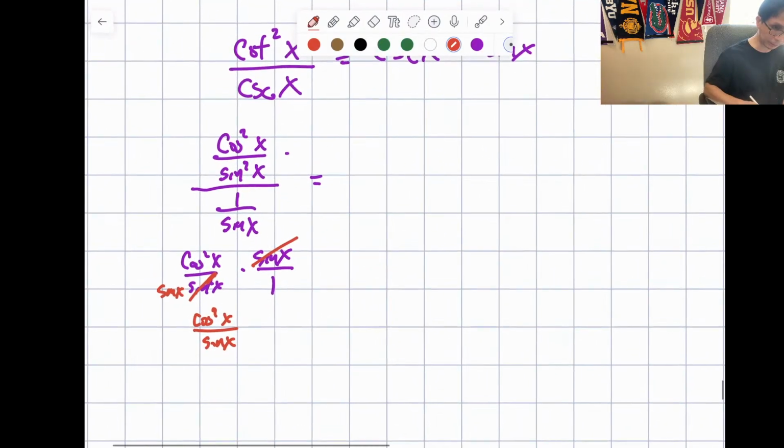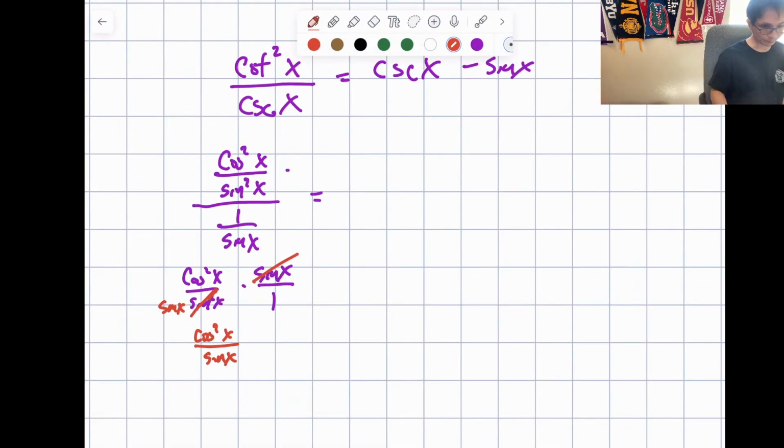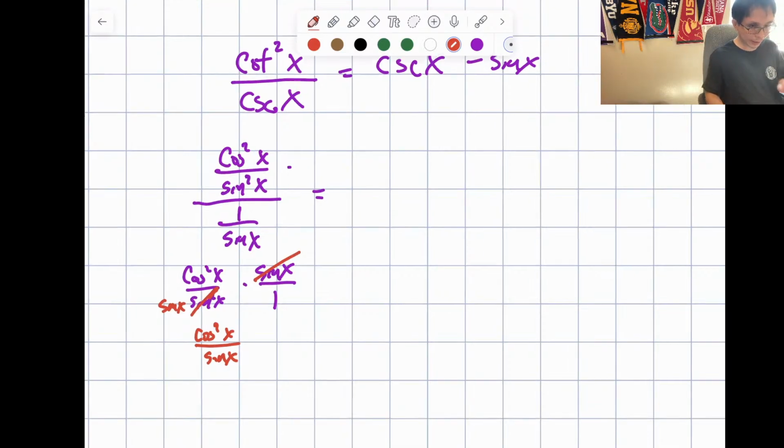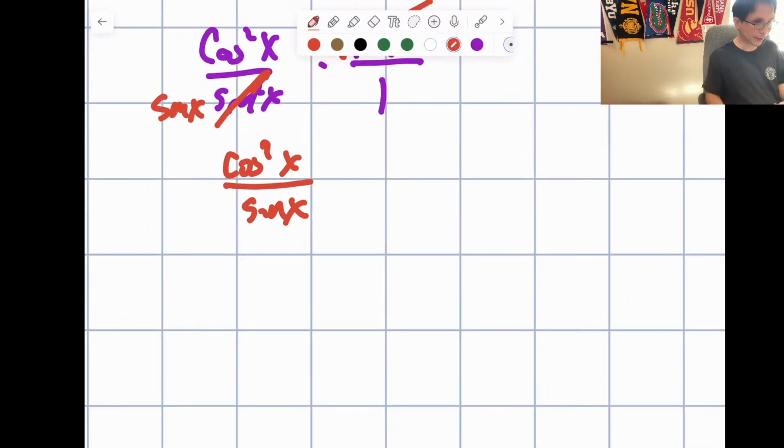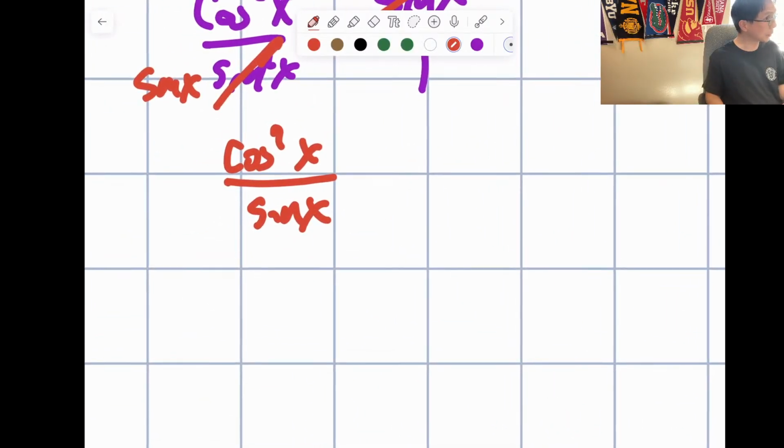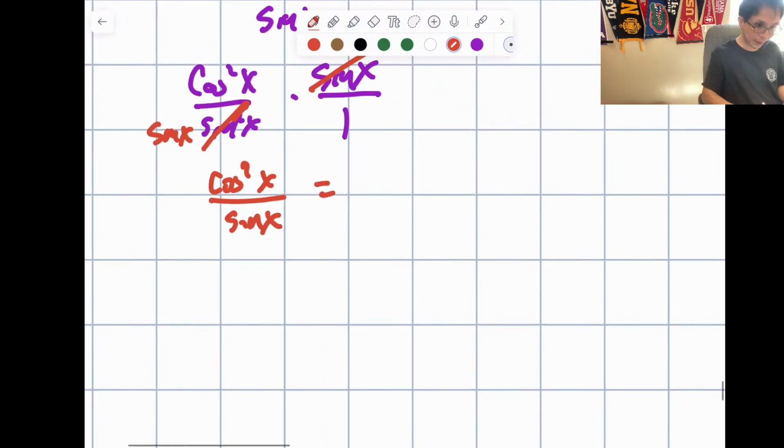And then, what else? I did the same thing. I converted the other side. Okay, so don't convert the other side. This side you can do further than this. What is cosine squared equal to? Yeah, 1 minus sine squared.